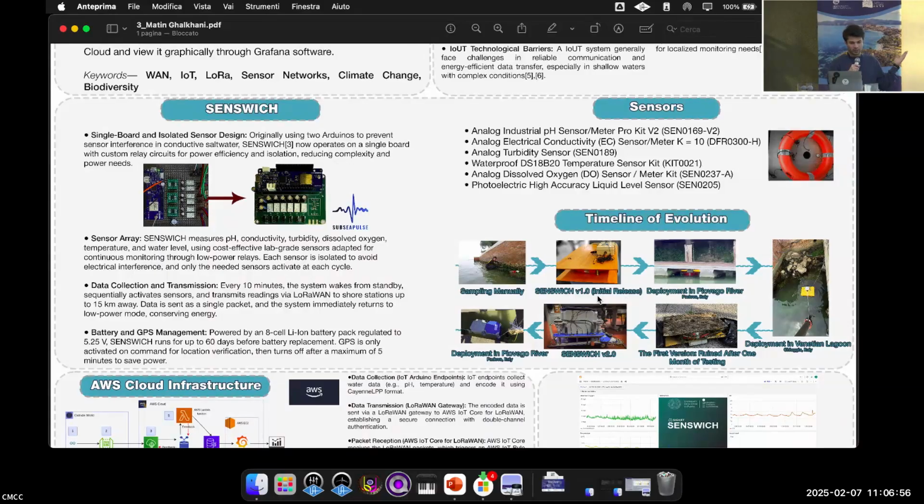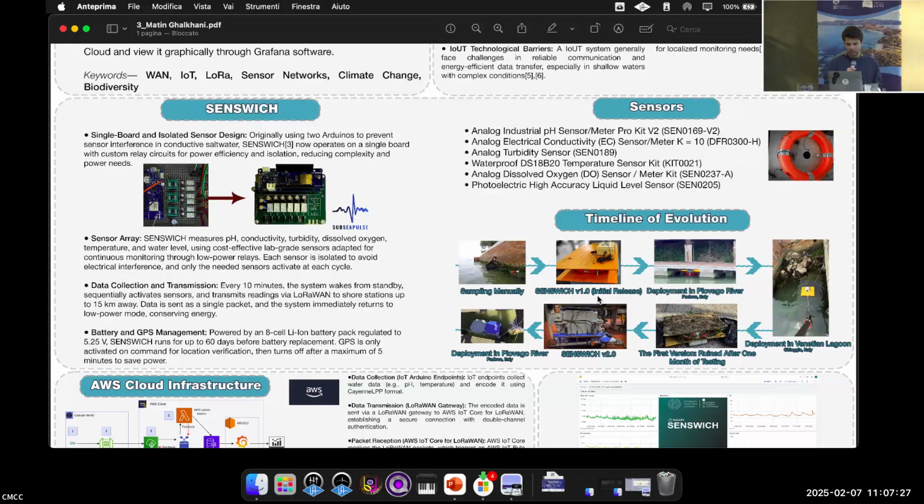So at the beginning we put 7 sensors on it: the pH sensor, conductivity, turbidity, temperature, dissolved oxygen, and also a liquid level and GPS. The liquid level was used to be sure that the device is inside the water, and GPS to know the exact position of the device.